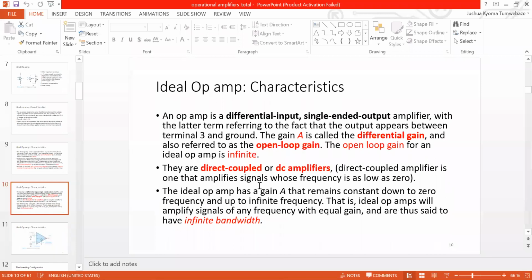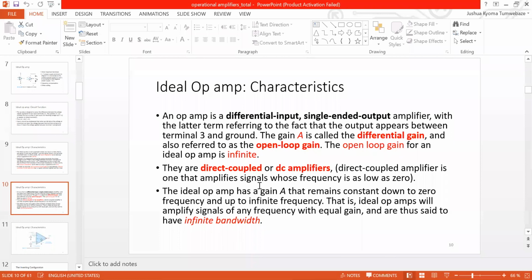The other important characteristic is that it has an infinite open loop gain. The gain that we denoted A earlier on is what we're referring to as the open loop gain. Later on, when we close the loop between the output and input, we'll start talking about a closed loop gain.